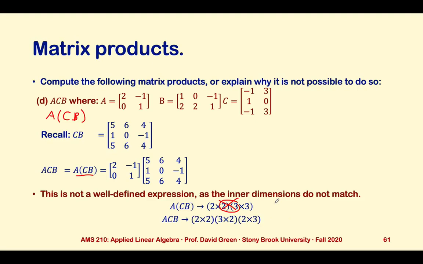If we hadn't done that, if we were just given this question before having done any other work and we were thinking about where to start, even before multiplying any of the matrices, we should do a check, and we can do this simply by looking at the dimensions of all of them. A times C times B, writing out their dimensions. A is 2-by-2, C is 3-by-2, B is 2-by-3.